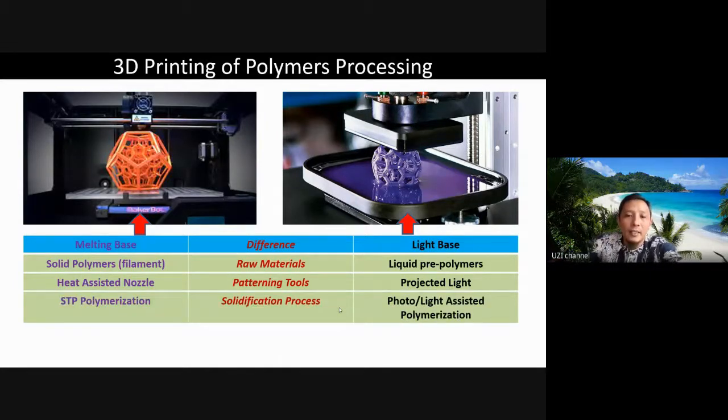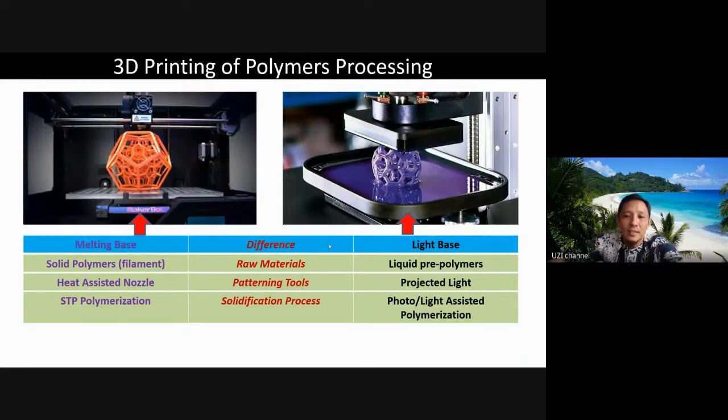And for the solidification process, the left side uses standard temperature and pressure polymerization, so it's in normal conditions. But this one uses photo or light-assisted polymerization, because without light the pre-polymer stays liquid and cannot form a solid like this.